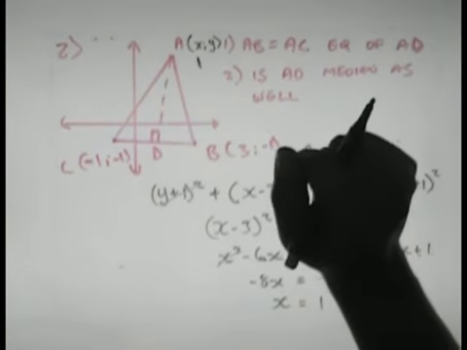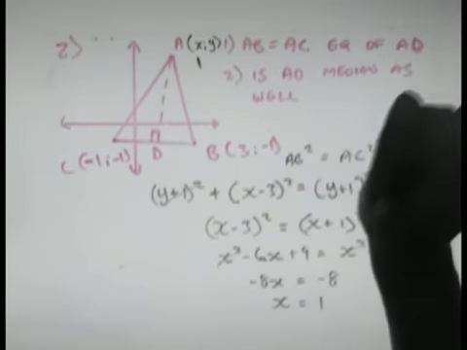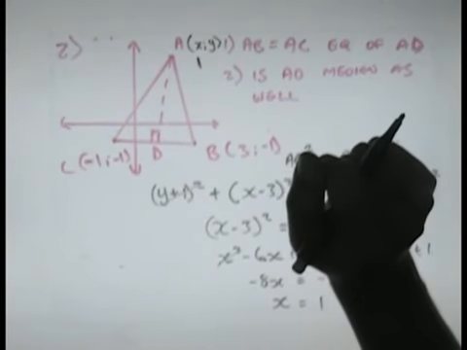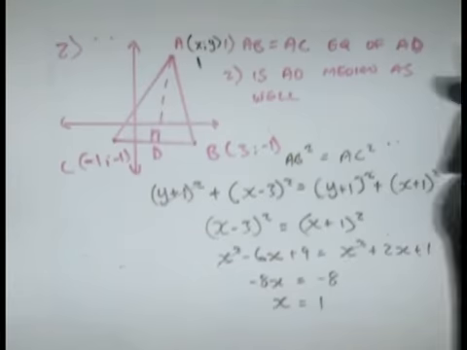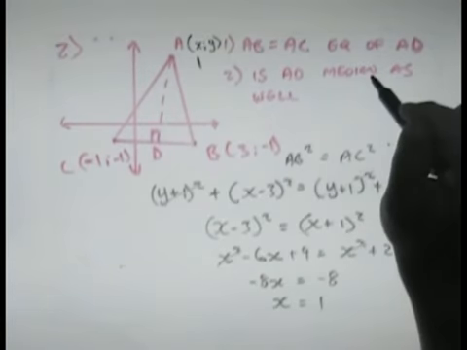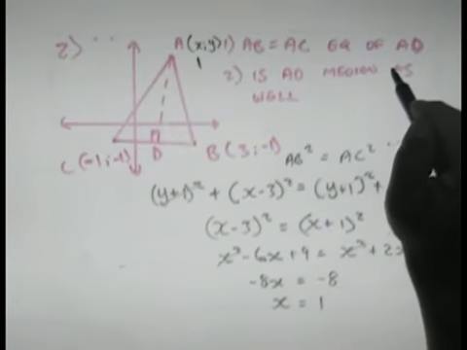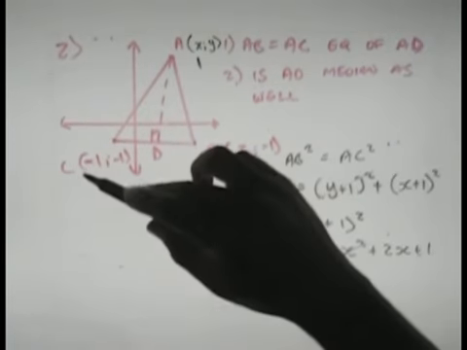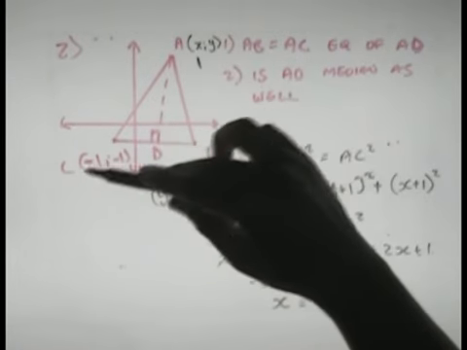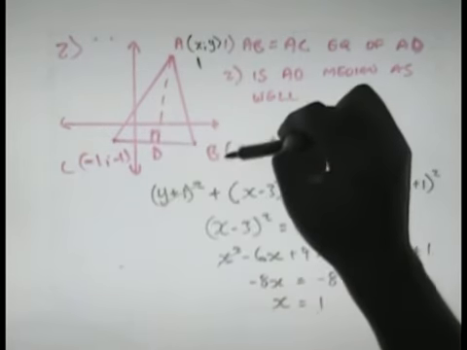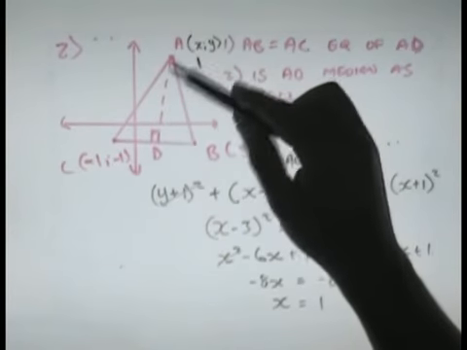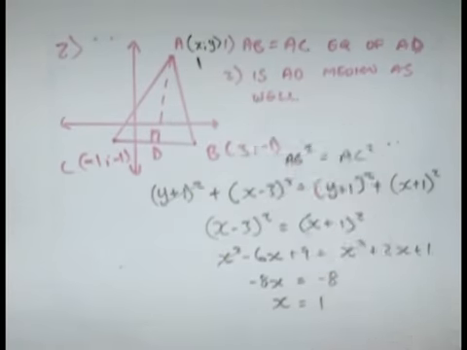Now the question is, what is the y value? Remember, I said that AD is a height. So, if AD is a height, wouldn't the gradient of CB be perpendicular to the negative opposite of the gradient of AD?